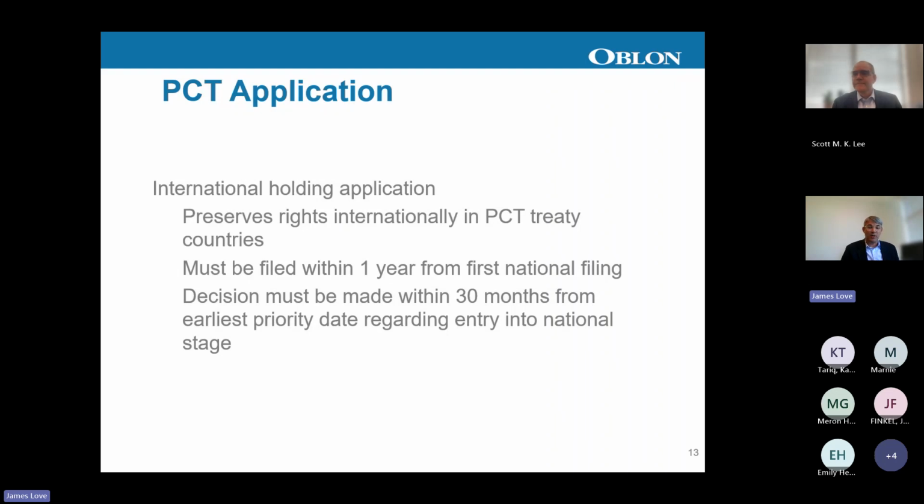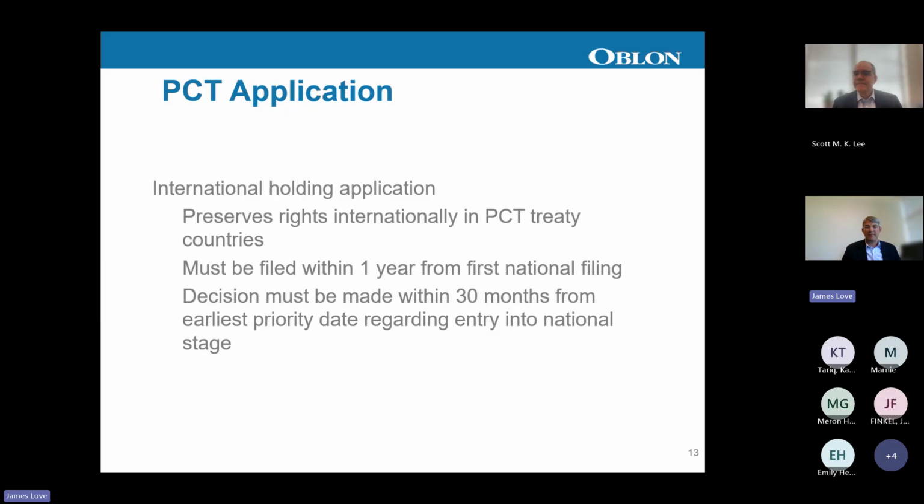In fact, some people will file a provisional and not file a US utility at all and file a PCT application. And then 18 months from that, they'll file the US application, because you can also file a US utility from a PCT. So you can use the PCT as kind of the holder for your utility application in the US.